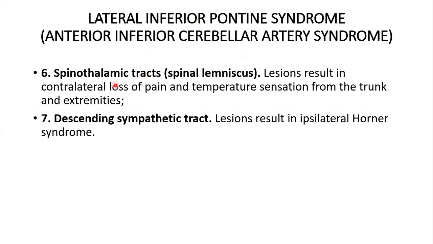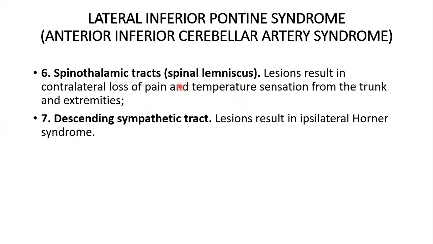The spinothalamic tracts are paralyzed, that is the spinal lemniscus, and their lesion results in contralateral loss of pain and temperature sensation from the trunk and extremities. Of course, you know the spinothalamic tract carries pain and temperature. The lateral spinothalamic tract is a part of the spinal lemniscus.